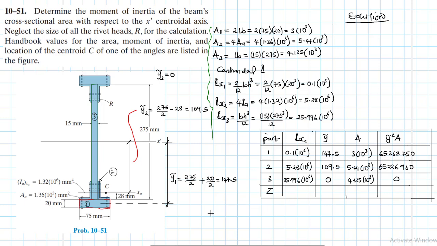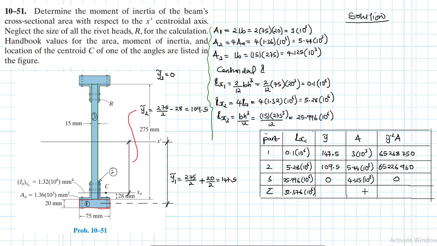0.1 plus 5.28 plus 25.996. So we have 31.376 times 10 to the power 6.